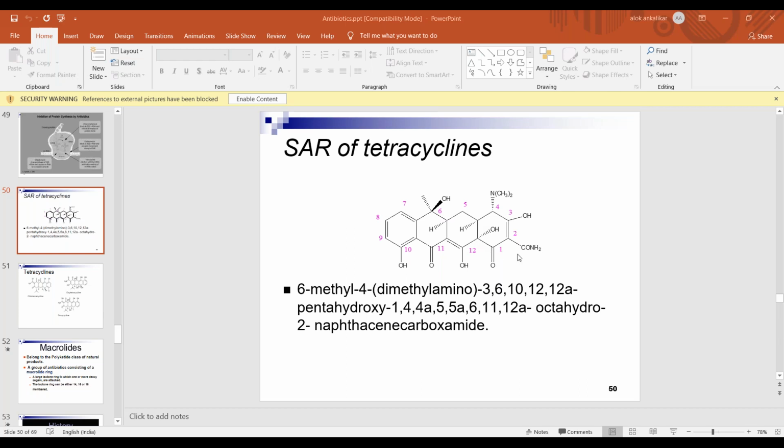So XA, X means the numerical number 1, 4, 5, 6. You can have only these, or you can have 10, 11, 12. You can have 10A, 11A, 12A. You can have 4A, 5A, 6A. Okay, so this numbering comes at the places where the fusion or fixing of the rings to each other has happened.